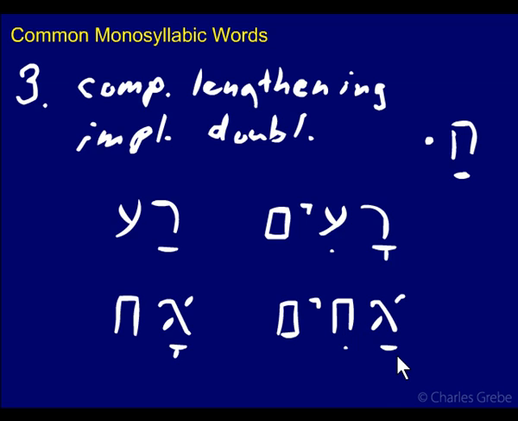This is not lengthening. In fact, it's reducing. I don't know why. This is an odd plural, but it doesn't double in any case. So you could call it implied doubling. And over here, we have compensatory lengthening, because we can't double this, and so this lengthens to compensate.